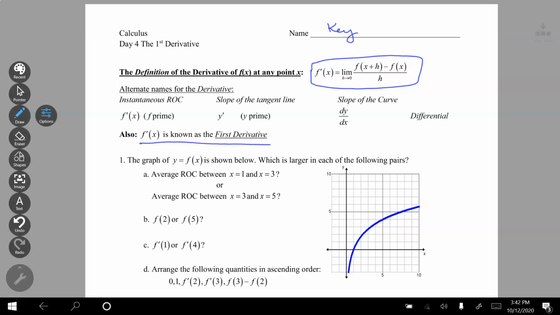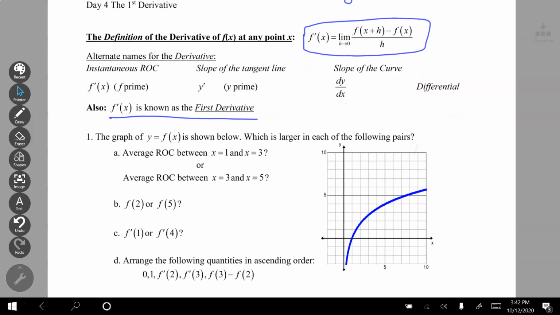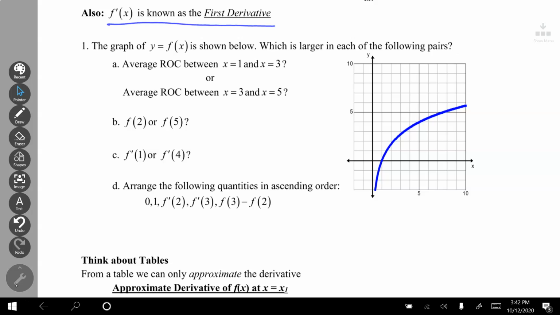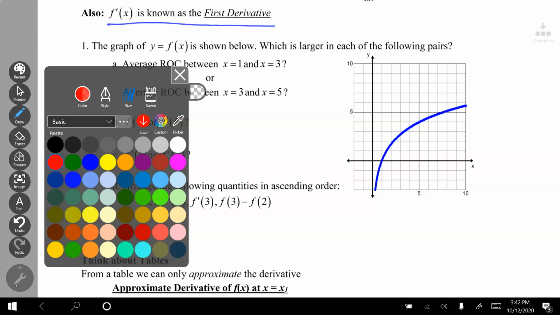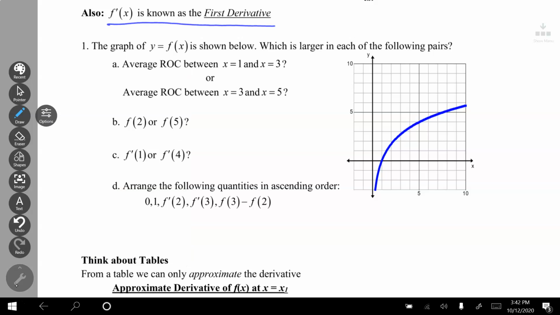We're going to look at some graphs today. So let's look at some comparisons. If we look at these problems here, they want to know the average rate of change between x equals 1 and x equals 3, or the average rate of change between x equals 3 and x equals 5. Well, x equals 1 is right here. 3 is right here. The average change would be the slope, whatever it may be, and 3 to 5 would be this slope here.